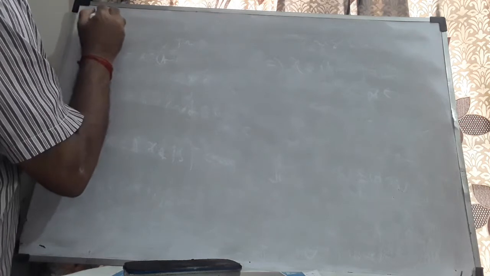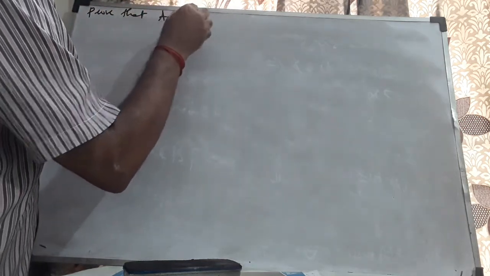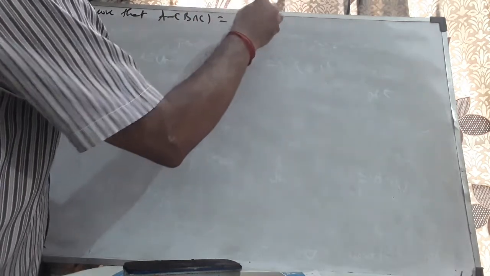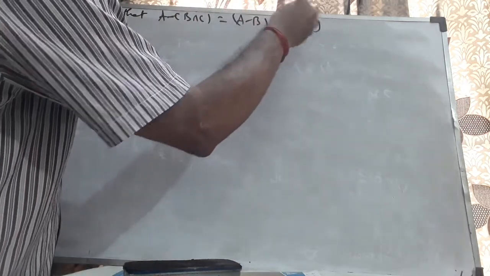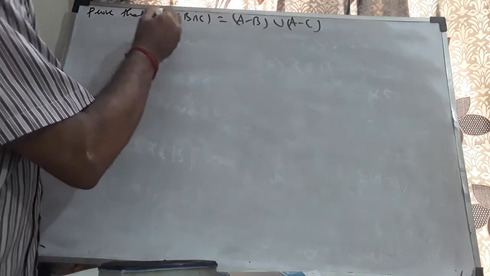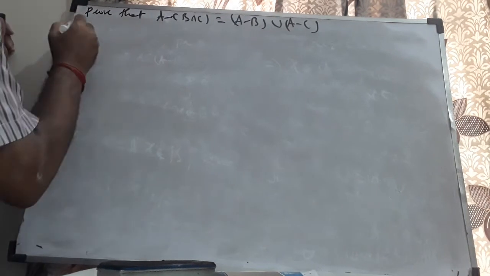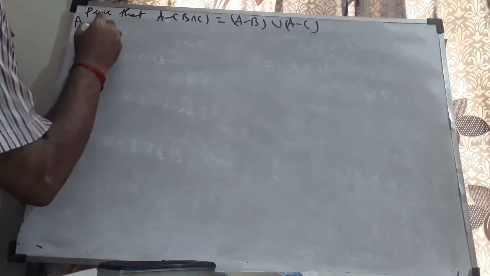Okay, next result. Prove that A minus B intersection C is equal to A minus B union A minus C. Answer.